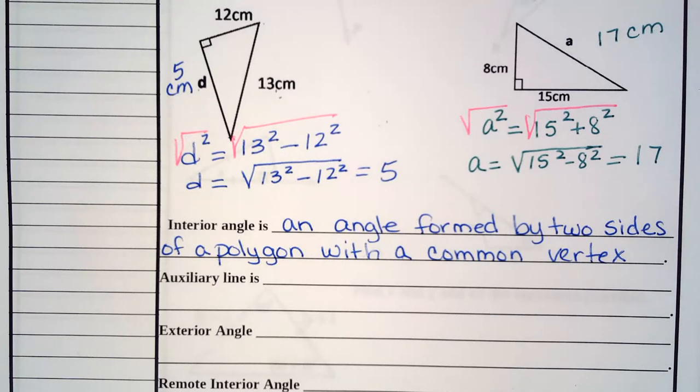What does auxiliary mean? The word auxiliary means something that is helpful or gives assistance.